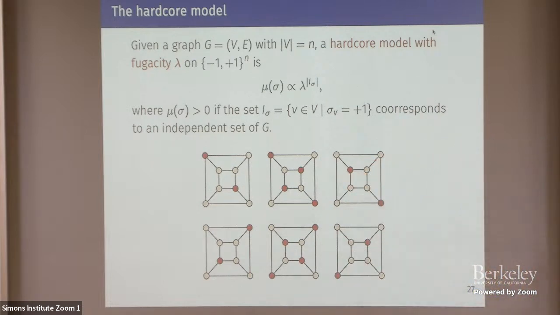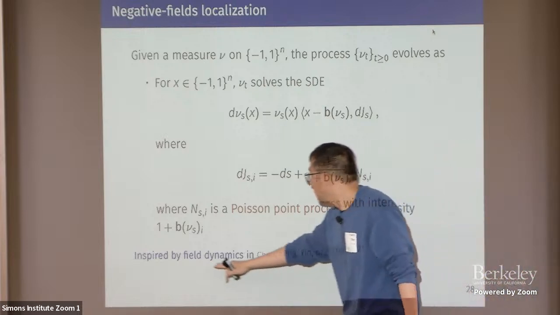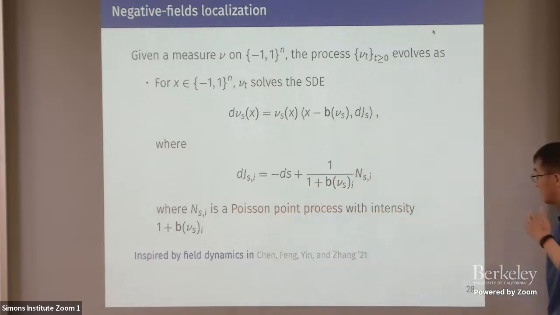So you want to understand the mixing time of Glauber dynamics for this hardcore model, and somehow you want to design a stochastic process that is not symmetric for +1, -1, and takes advantage of this asymmetry. And so we're going to introduce this negative fields localization. It's kind of inspired by fields dynamics in the Chen, Yin, and John 2021 paper.